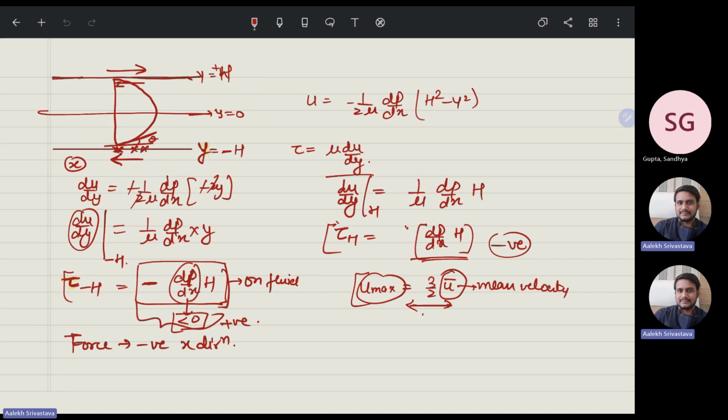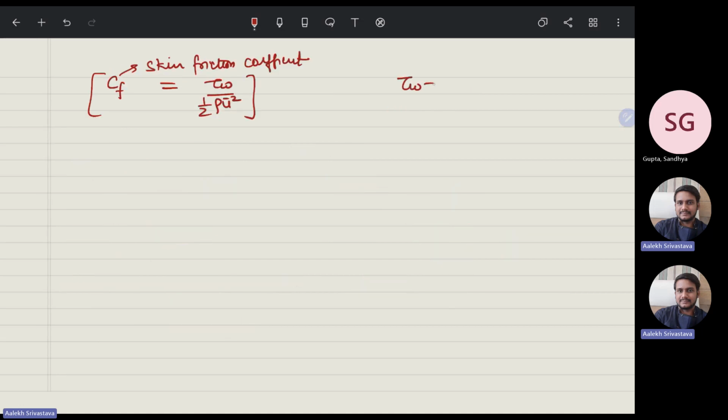Here tau wall is dp by dx into h, and I am taking the mod value. Now, second thing is, you know that u bar is equal to dp by dx into h square, with the appropriate factor.